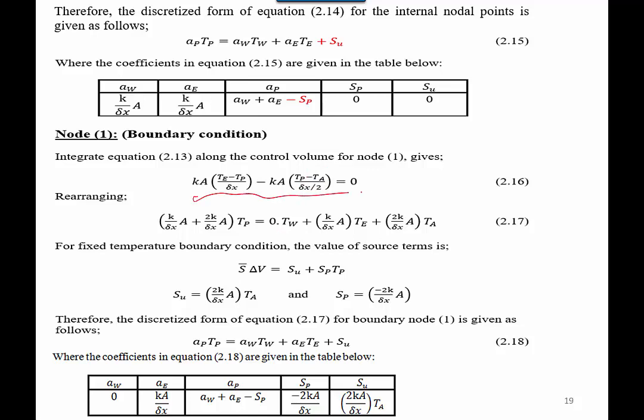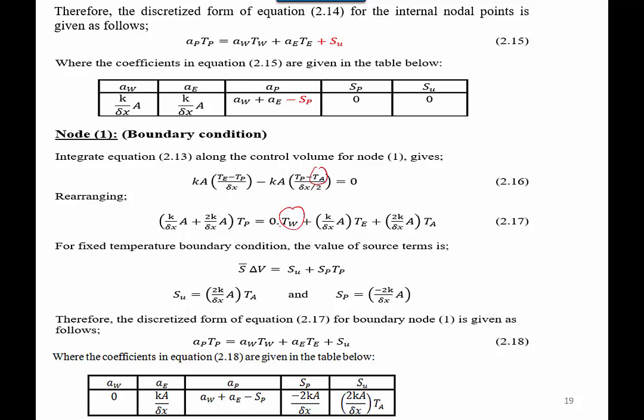Rearrange this equation and put all the terms which are multiplied by T point on the left side, and the others on the right side. Since there is no T west value, it is replaced with TA.